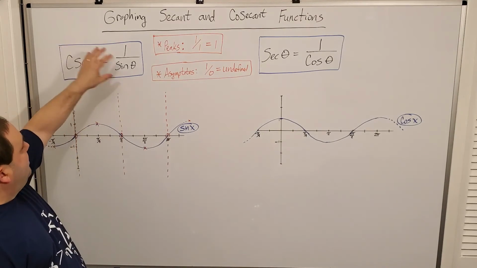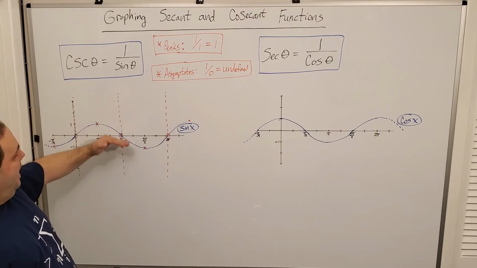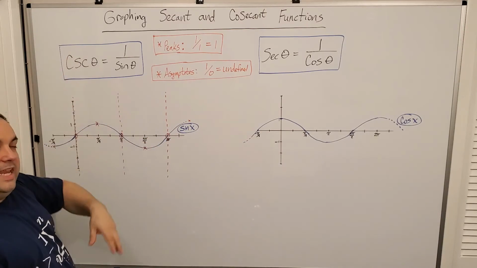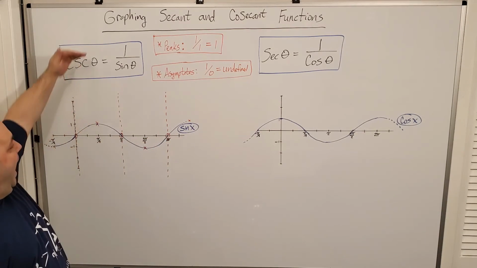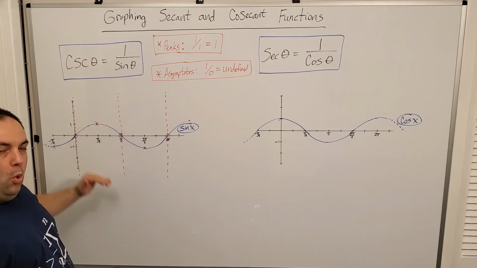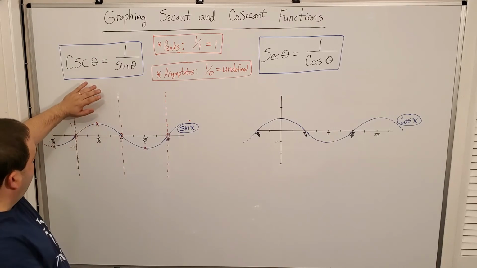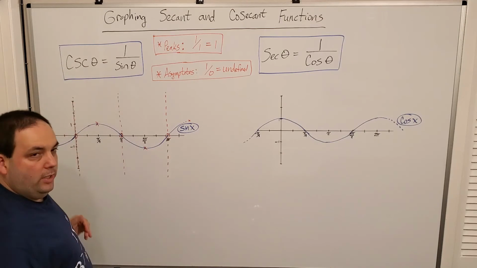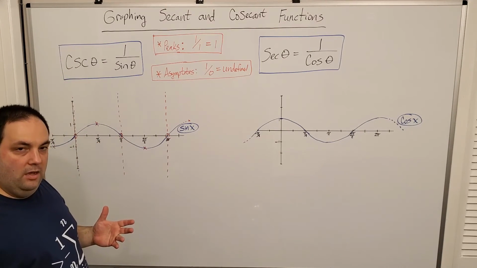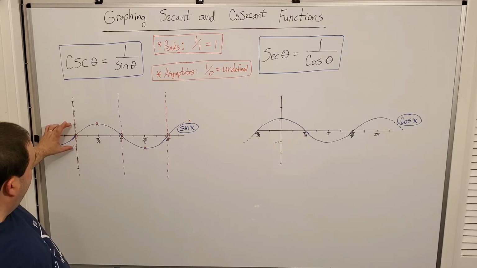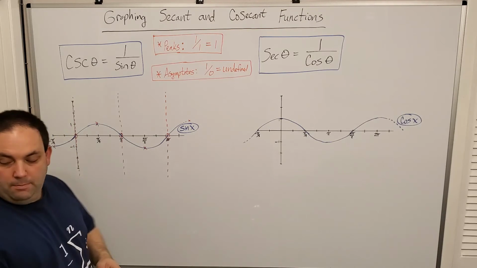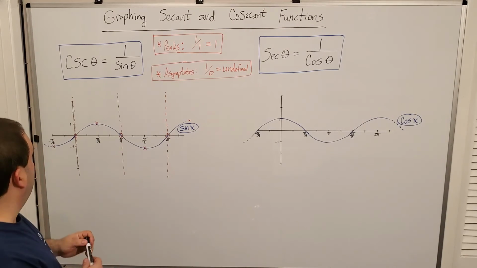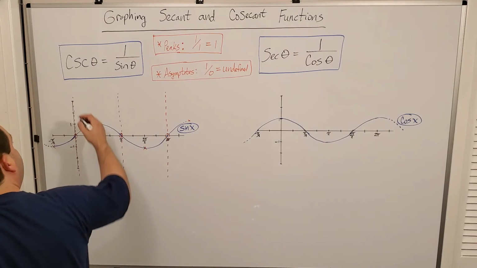Sine is trapped in between 1 and negative 1. Cosecant is the opposite. It's trapped outside of the 1, negative 1 interval. So cosecant is all the way above it, all the way below it, outside of that stretch of negative 1 to 1. So then my shape is going to look like this.